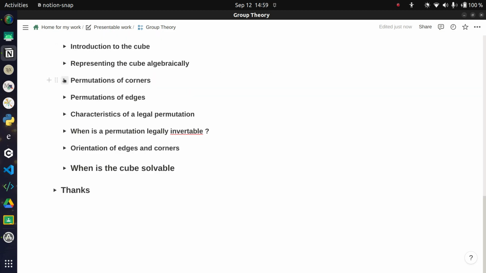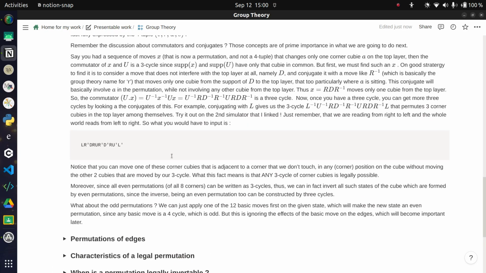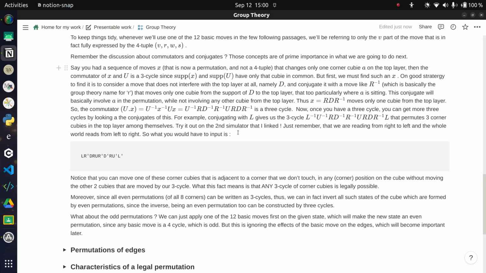Fine. Then there are permutations of corners. We deal with properties of these permutations, and the only real property that you want to know is that all the 3 cycles of corner cubies are possible, and they can be used to unscramble or solve any permutation of the corners given to you.